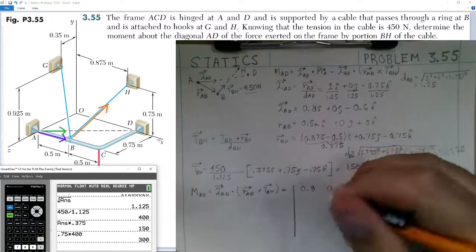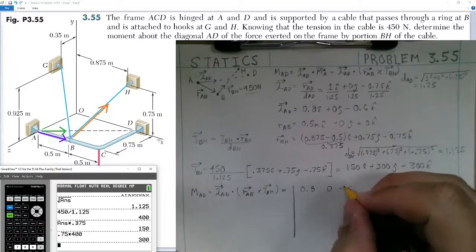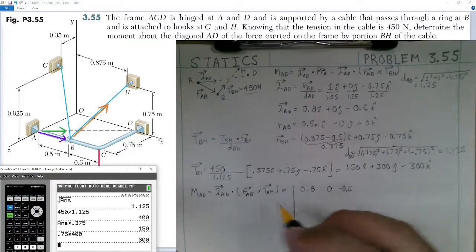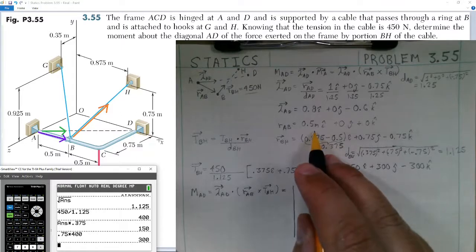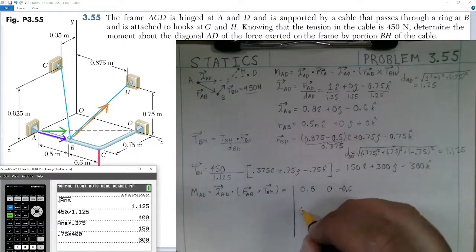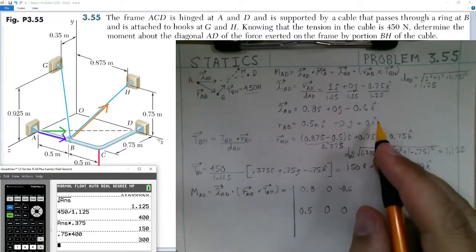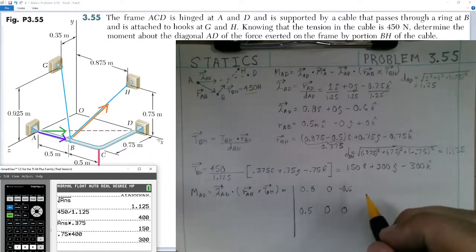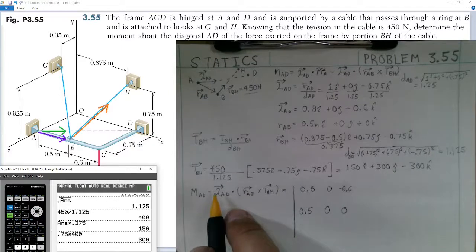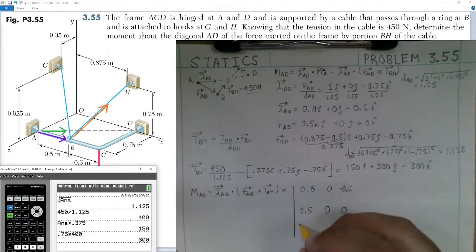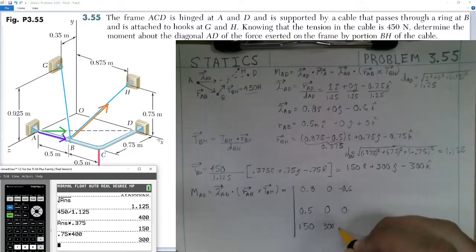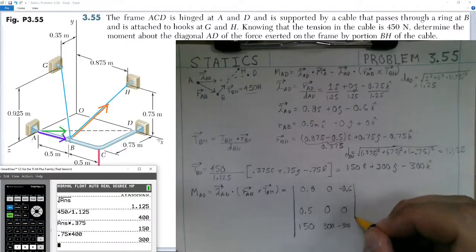Then the position vector going from A to B has one dimension: we have half a meter, 0.5 in the i hat, then 0 and 0 in the j and k hat. And finally, our tension vector going from B to H, we know is 150 in the i, 300 positive in the j, and negative 300 in the k direction.